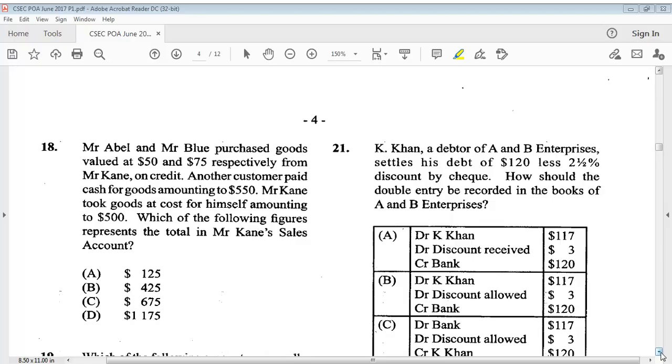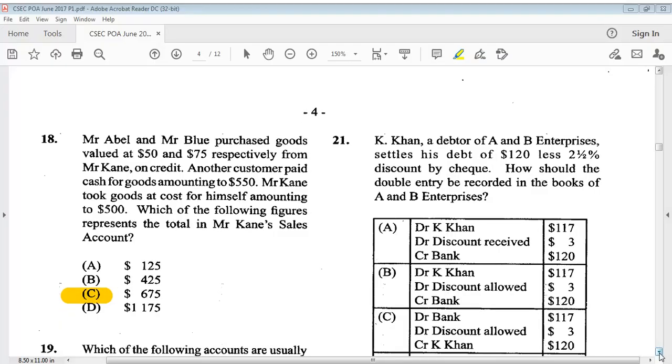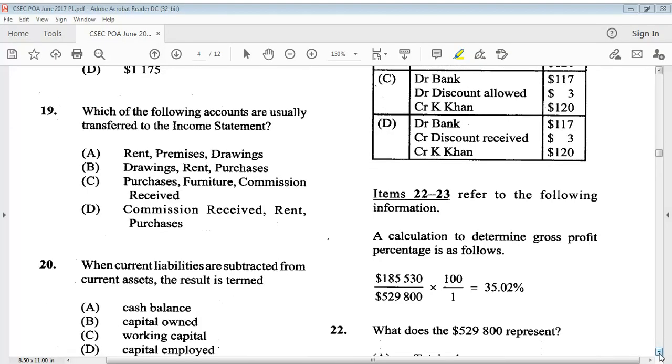Kane's sales account. Now, this portion of the question that says Mr. Kane took goods at cost for himself amounting to $500, we know that would be drawings, so that would not be a part of his sales account. So the answer is C, 675. Let's go on to number 19. Which of the following accounts are usually transferred to the income statement?